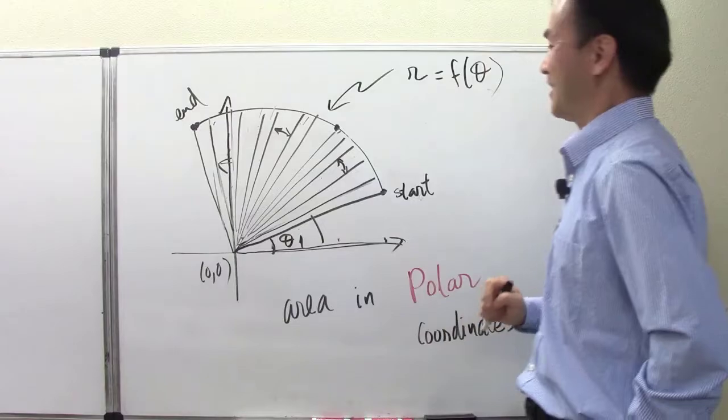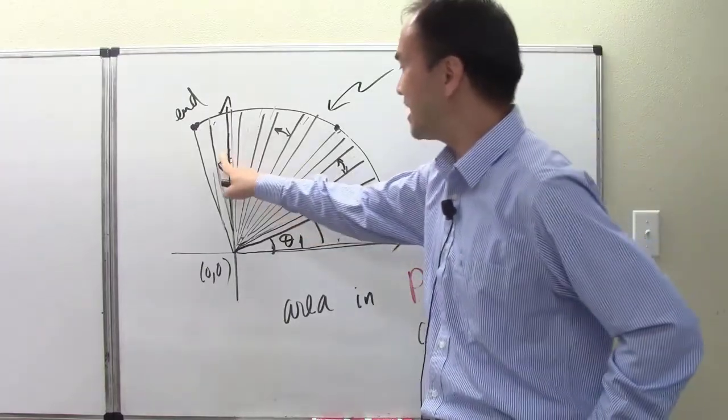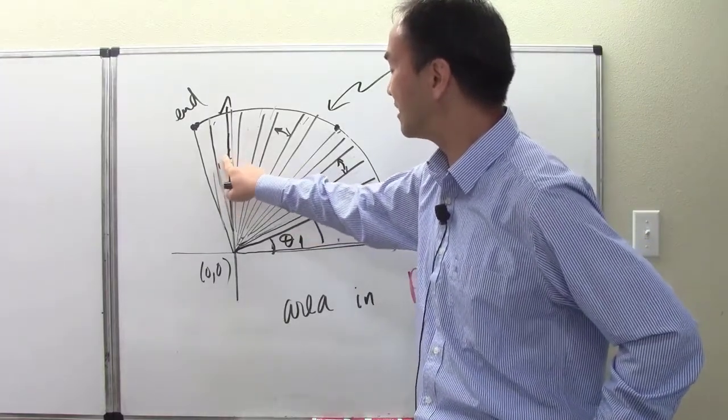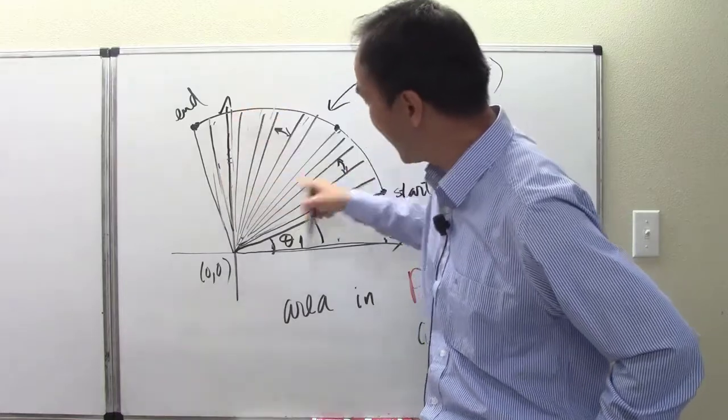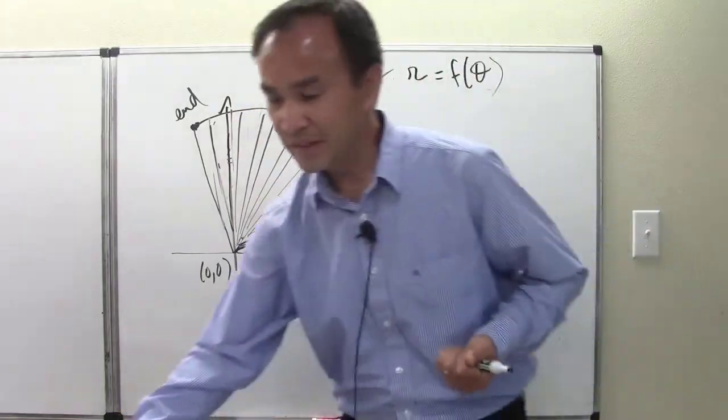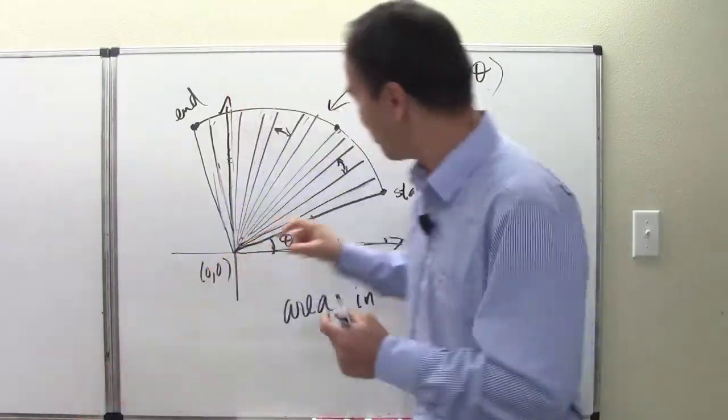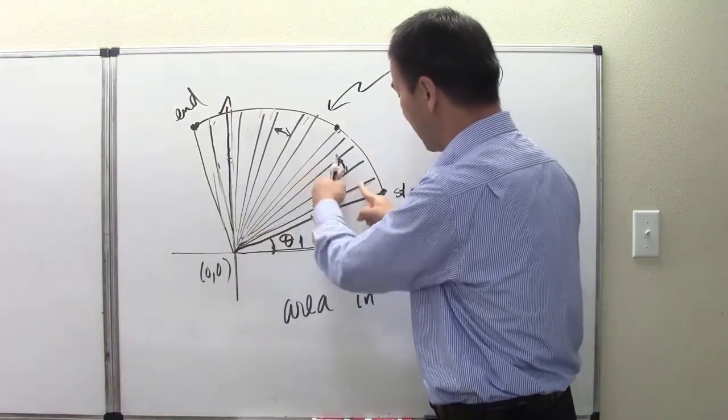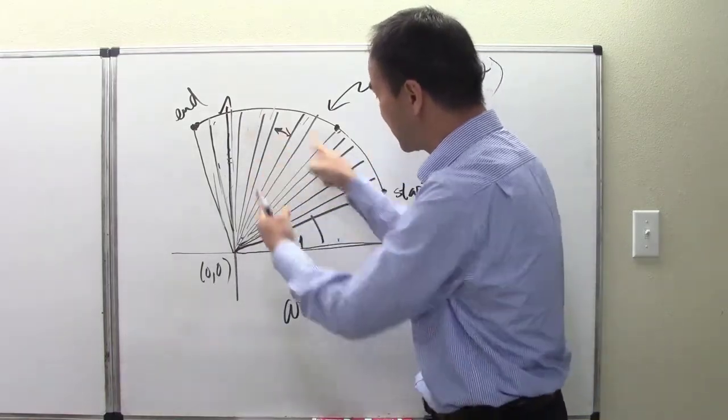Now we need to review a little bit about how we can calculate this. When we accumulate in the end, we need to accumulate infinitely many of these little sectors.